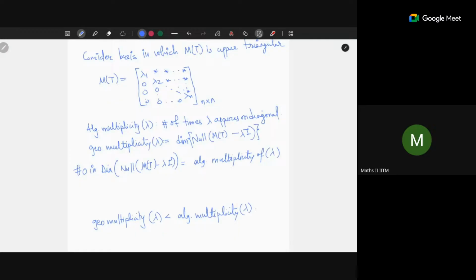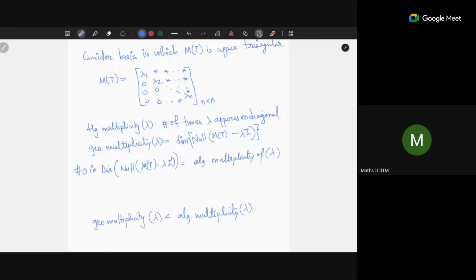So what does it say? It says that now you need to comment about the number of independent variables that you can obtain in this matrix.